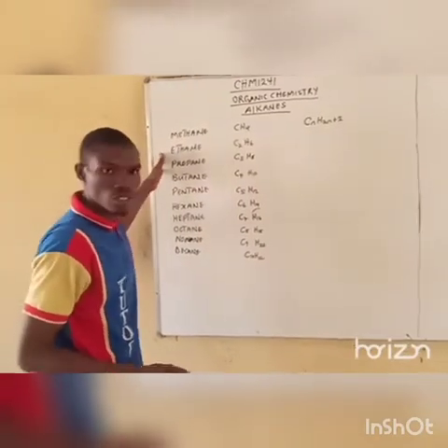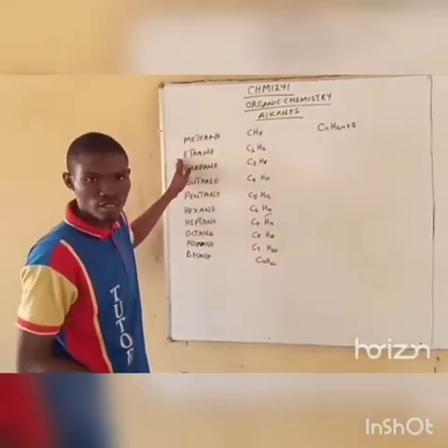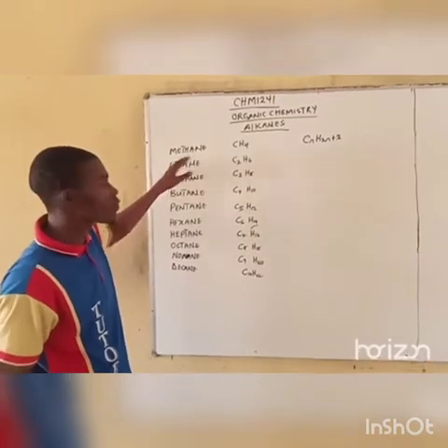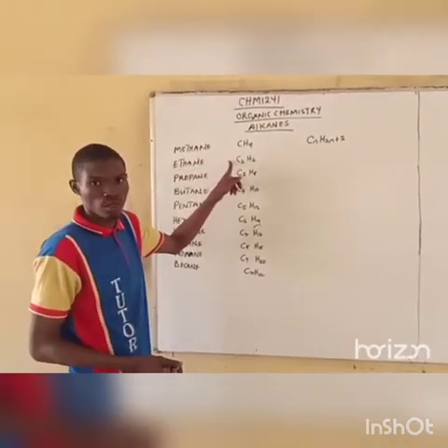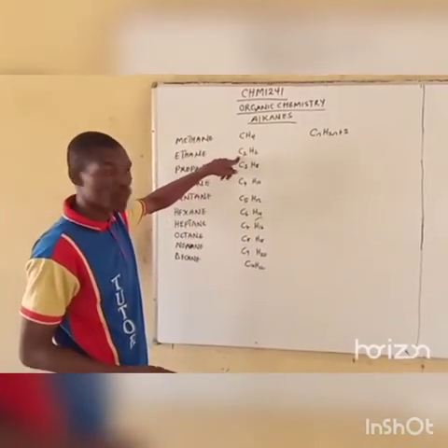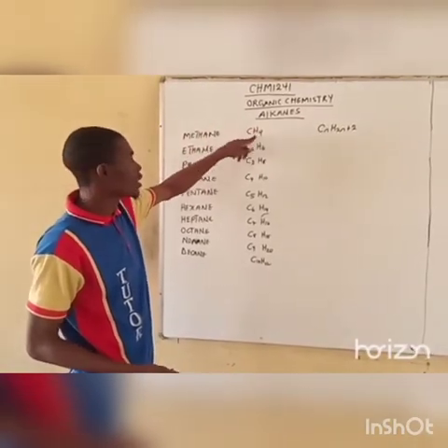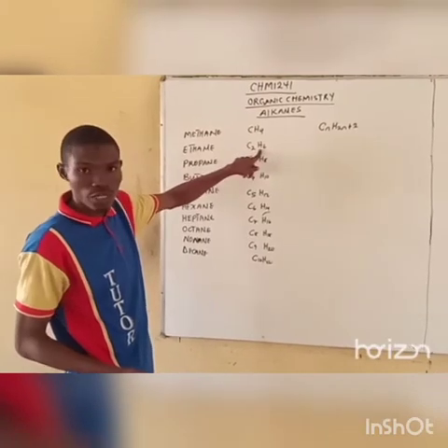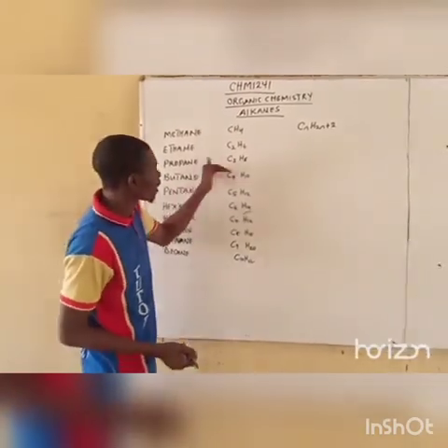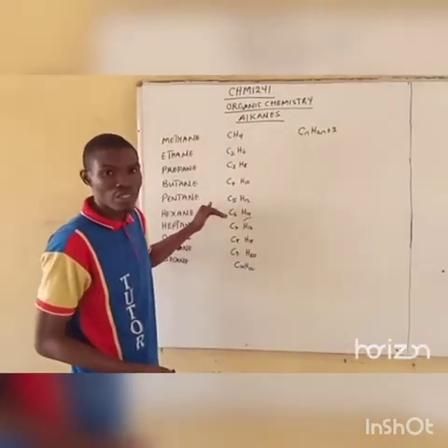In the homologous series of alkanes, they also have their characteristics. One of the characteristics is they differ from one another by CH2. You see, if we add one C, it will be C2. Add H2, it will be what? H6. So they differ from one another by CH2.